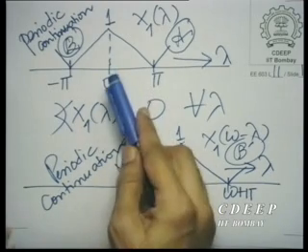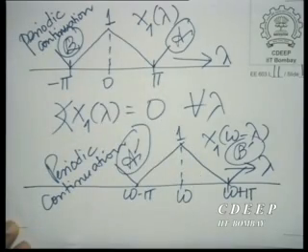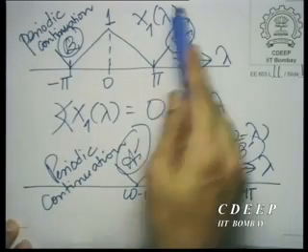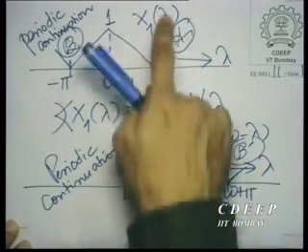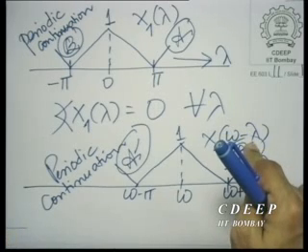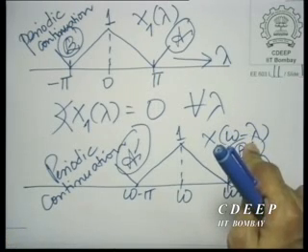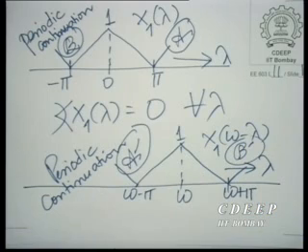So, what was at 0 would have gone to minus omega when you replace lambda by lambda plus omega. And then when you replace lambda by omega minus lambda, you are switching the sign of lambda, and therefore what is at minus omega now comes to plus omega, what is after minus omega goes before plus omega, and what is before minus omega goes after plus omega.